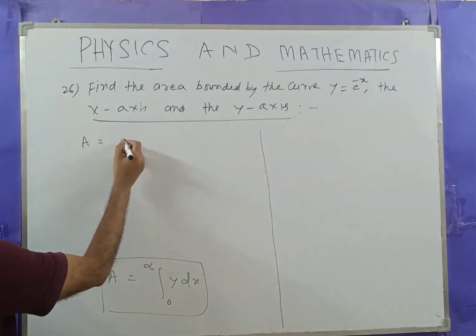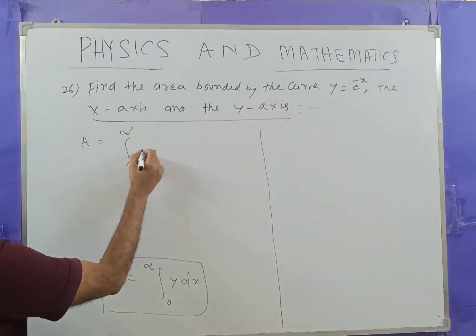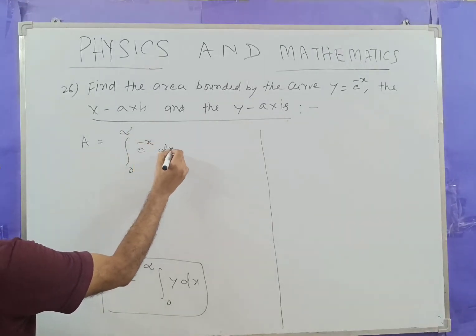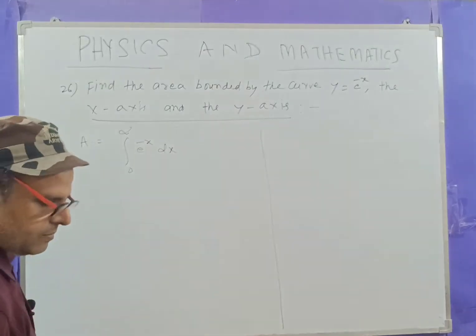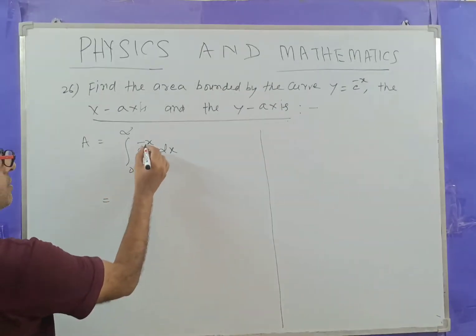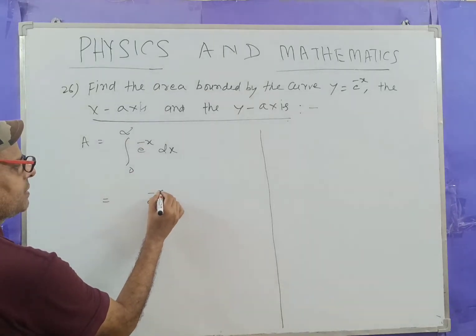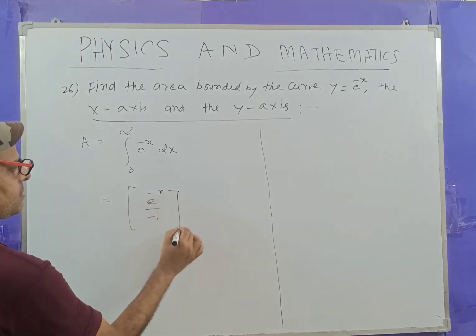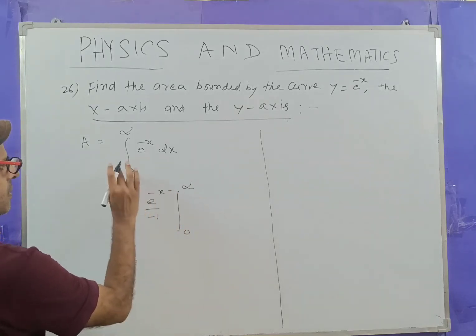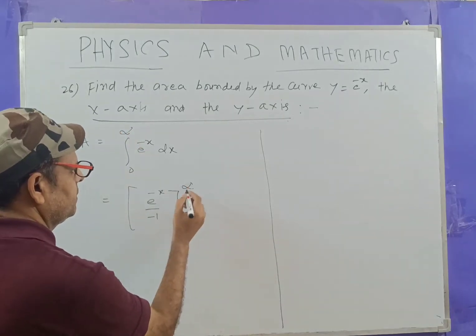A is equal to the integral from 0 to infinity of e to the power minus x dx. Integration of e to the power minus x is equal to e to the power minus x by minus 1, with the lower limit and upper limit here.